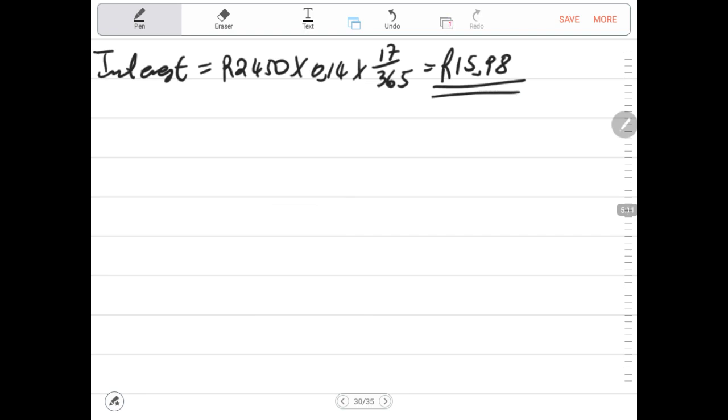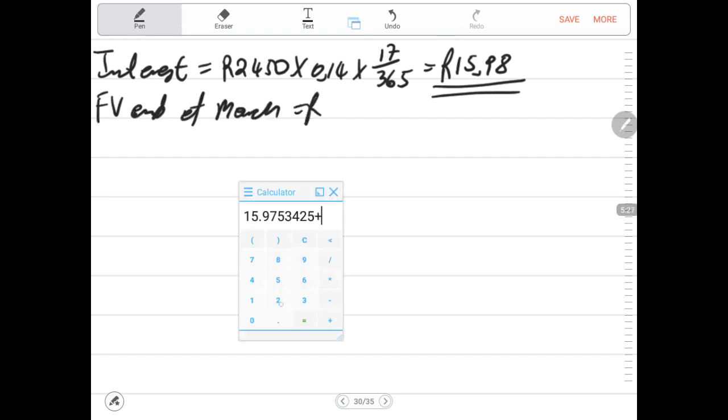So now we can say amount owing, which is the future value at the end of March, plus 2,450, we get 2,465 rand 98 cents. So now this is the amount that will be in the account at the end of the time period, which is at the end of March in this case.